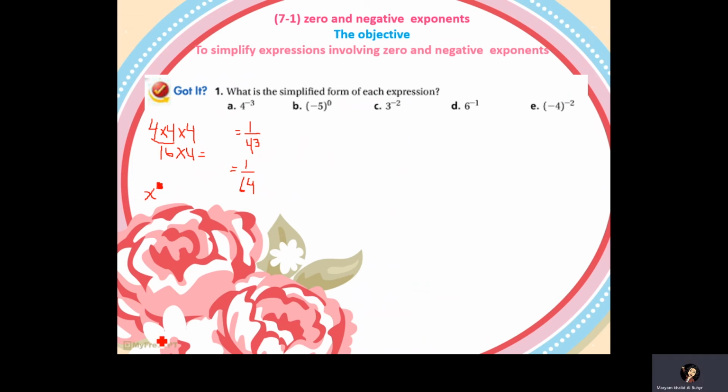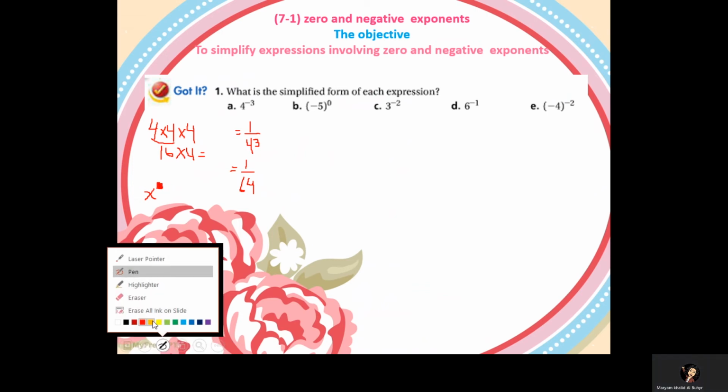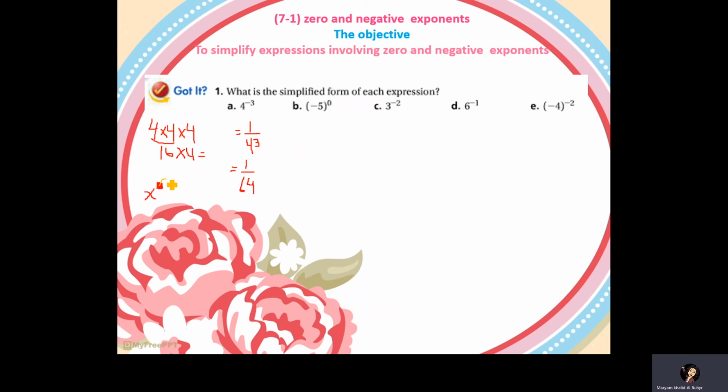Then you need to change this one into the number that you want. Once you click on it, you will get something like this. Then you write the number that you need, for example 4, then 3, then you will get 64. So that's the idea of how you find the exponent by calculator.